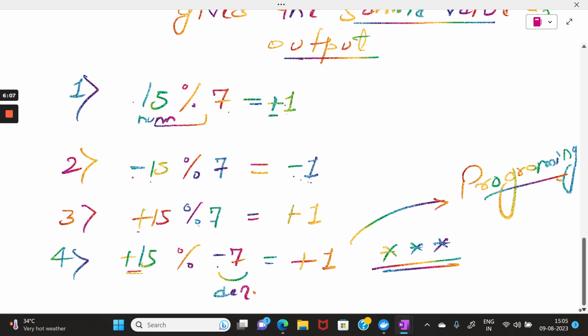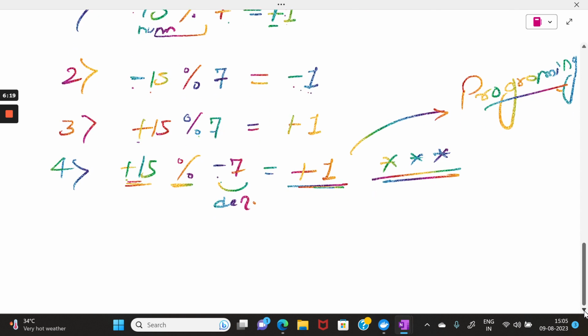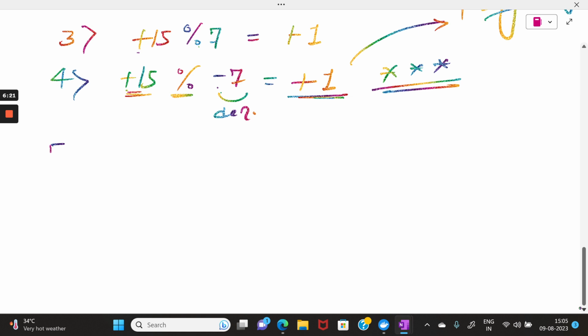So if the numerator has the positive sign and the denominator is a negative number, our output will be positive, same as the numerator. Then we have something like minus 15 modulus minus 7. Of course, it will be minus 1 because our numerator has a negative sign.